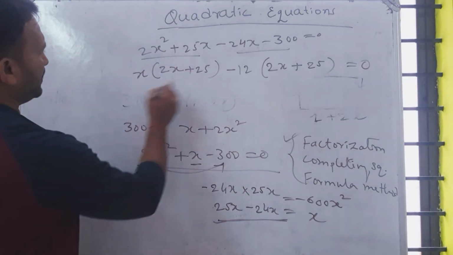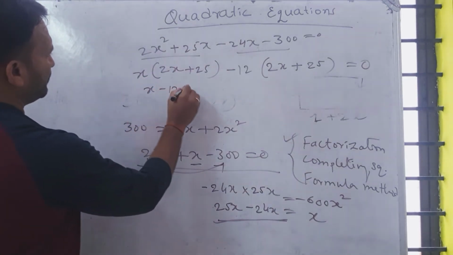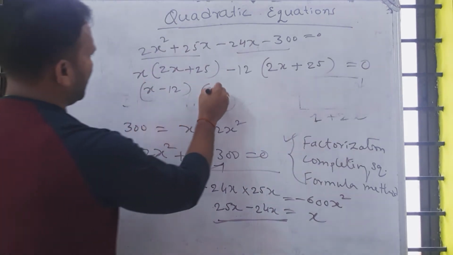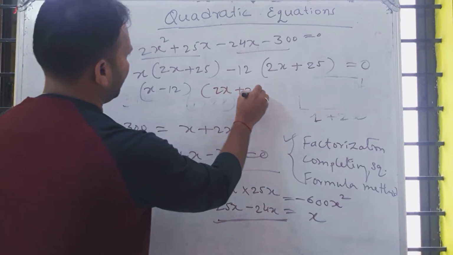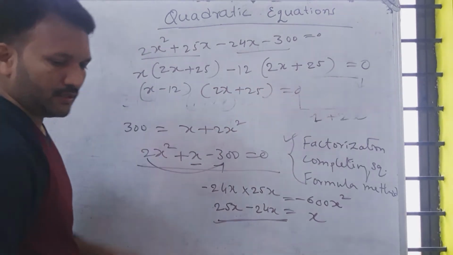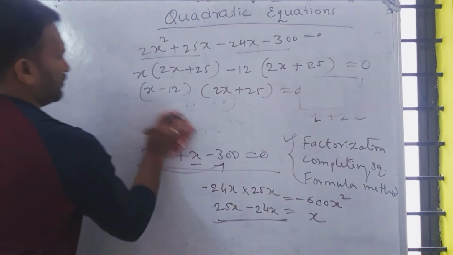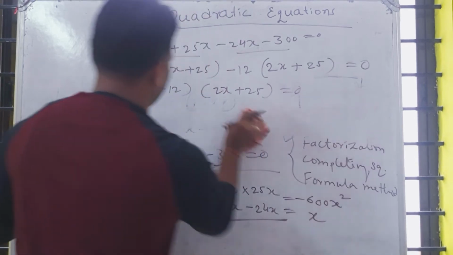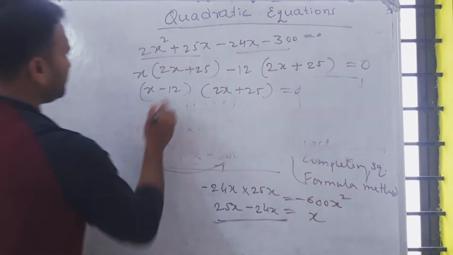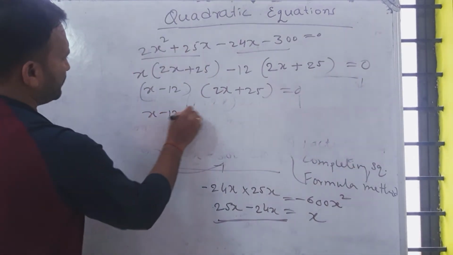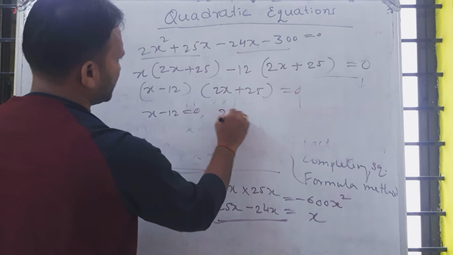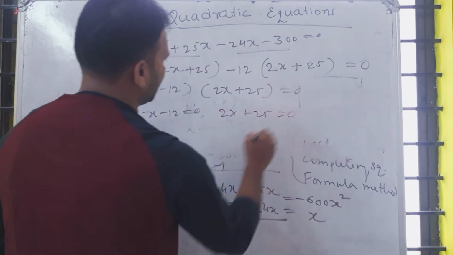Now x minus 12 is one term and 2x plus 25 is one term. So x minus 12 is equal to 0, and 2x plus 25 is equal to 0.